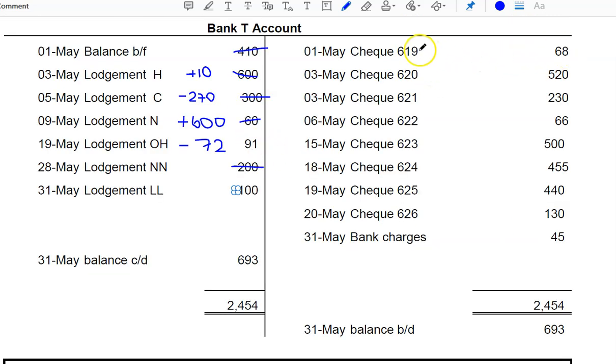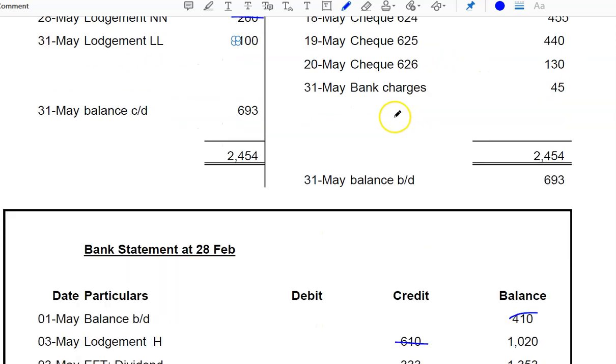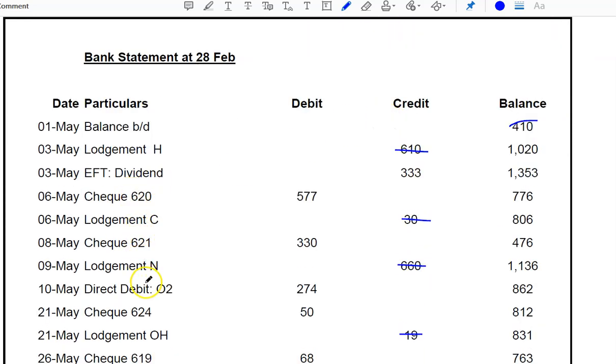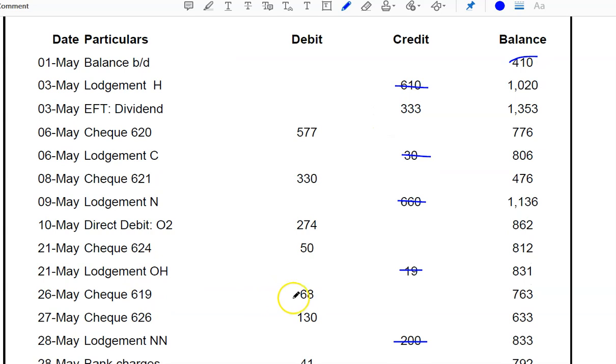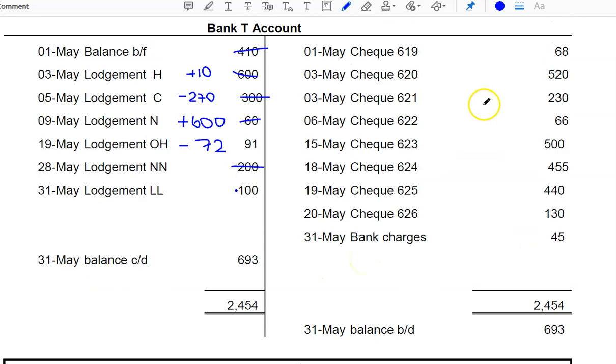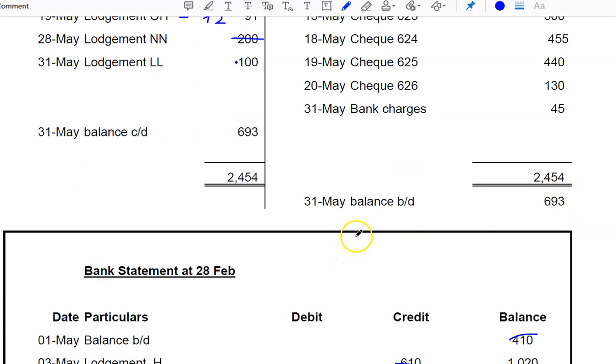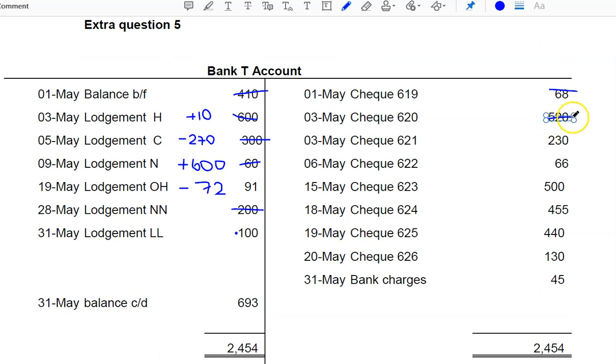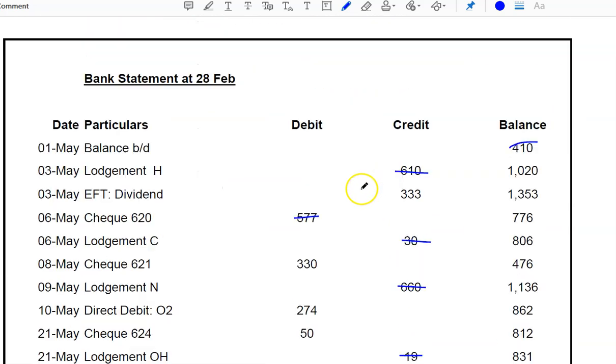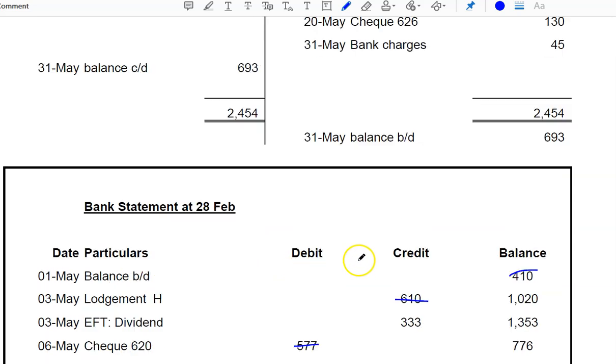Then come to this, check 619, and the easiest way to do it is find the check number. So 619 is here, 68 versus 68. 620, 621, here's 620, 577 versus 520, so we should have recorded 57 more, so we need to add 57 to this. 621, 622, 621 is here, 330.